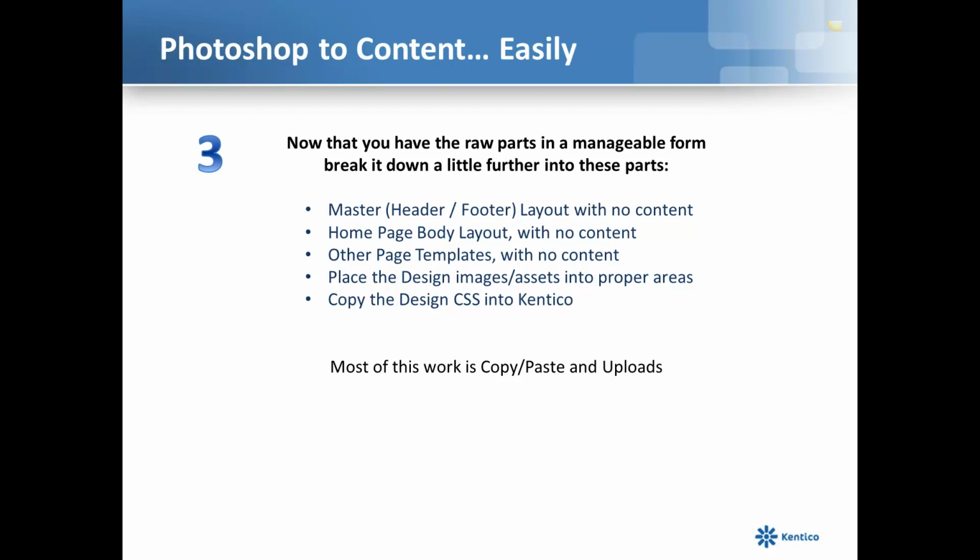So your CSS is working, your HTML is working, you're just replacing the content. Then you do the same thing for the home page body, which is the central area wrapped around with the master page. You do the other page templates if you have several of them, and you now have all your page templates done for the most part inside the system. You have your master, home, and several other page templates.